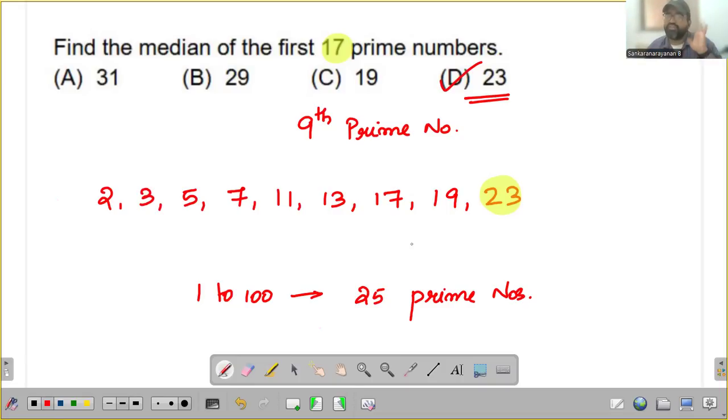That middle one, whatever it is, is what you have to find out. So here for our question, I need to focus on the 9th prime number, which is 23. So 23 is my final answer. Option D is what I should choose. That brings conclusion to our question number 10.